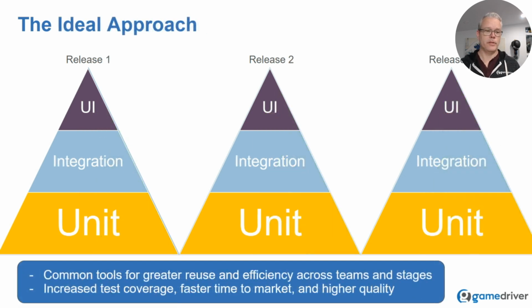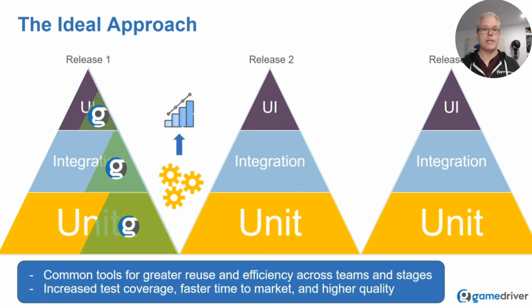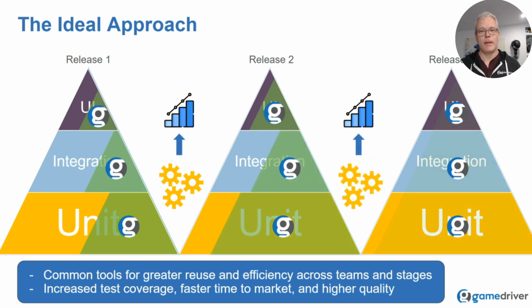In the ideal solution, we would have a common set of tools for greater reuse and efficiency across teams and stages, which allows for increased test coverage, faster time to market, and higher quality overall. This, in essence, is the GameDriver way.